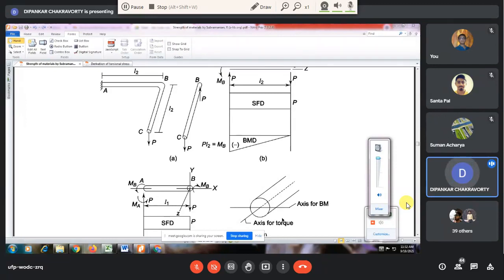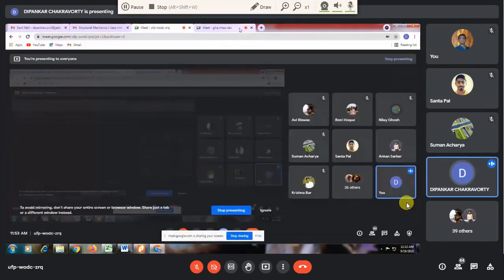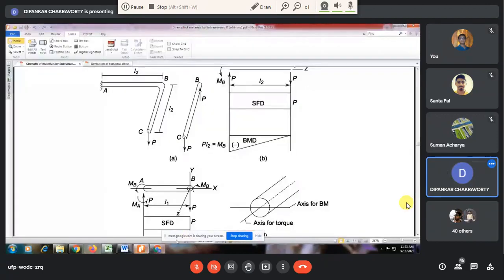So I am putting a vertical load. That particular load you will feel at your shoulder. So the load has come to the shoulder. Effect about the shoulder. Is it clear?